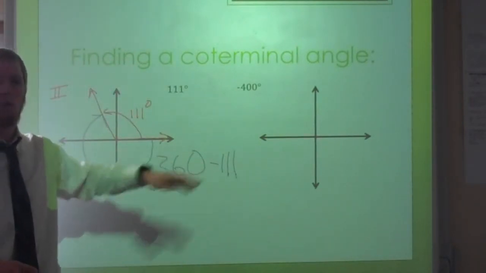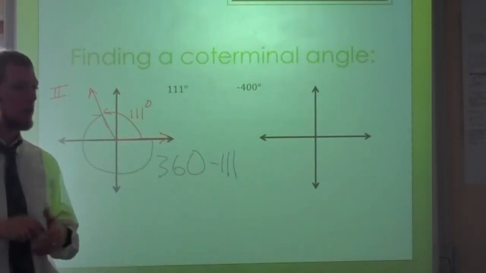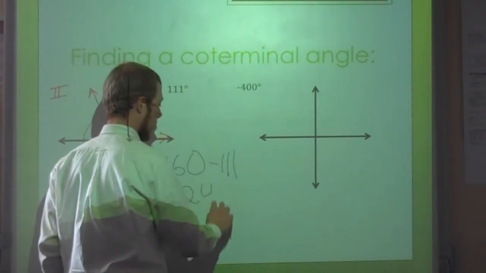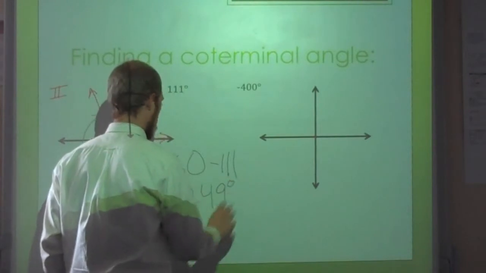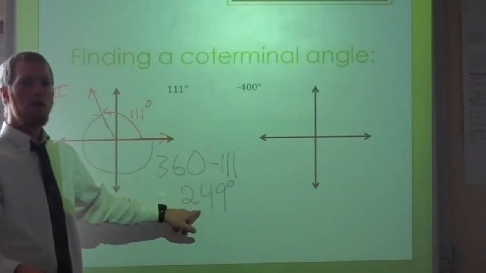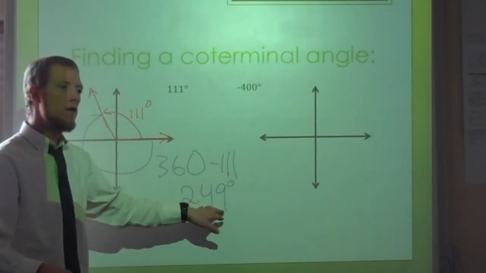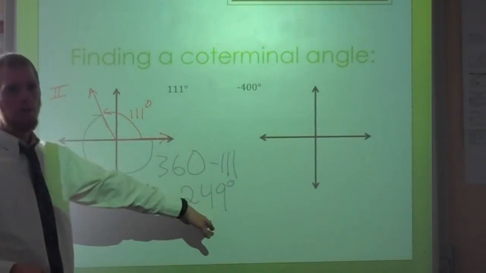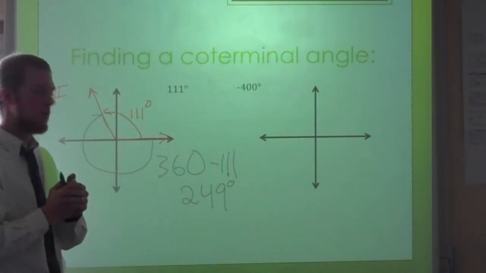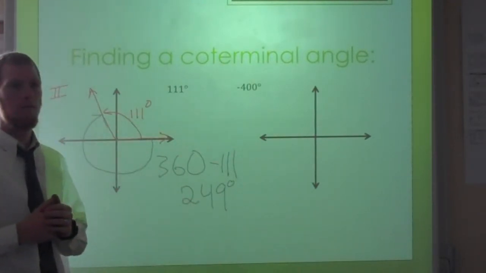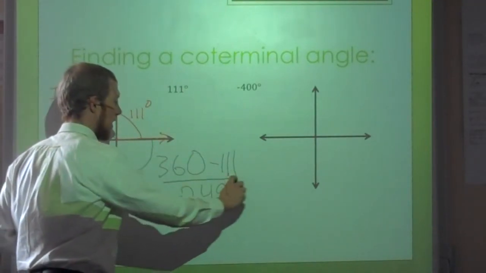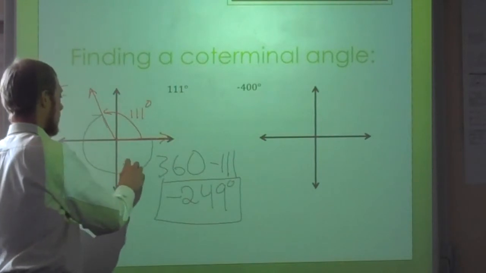Okay, 360 minus 100 is 260, minus 11 is 249 degrees. So I know that this angle is the numeric value that I want. Now I have to think about my direction. So it's sort of the opposite of what we did when we first drew this one. I need to go clockwise, so this becomes negative 249 degrees.